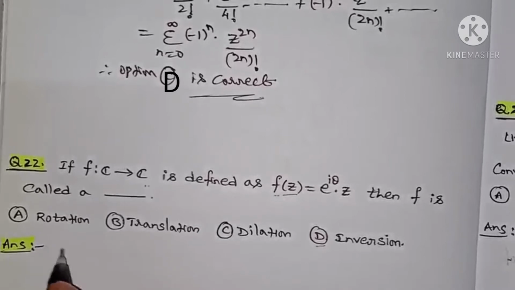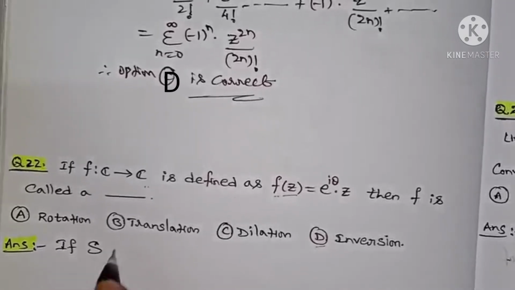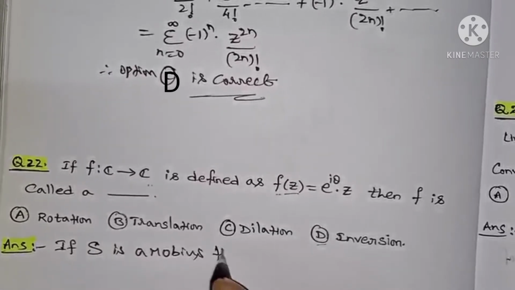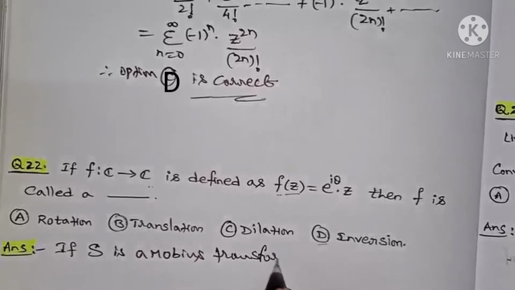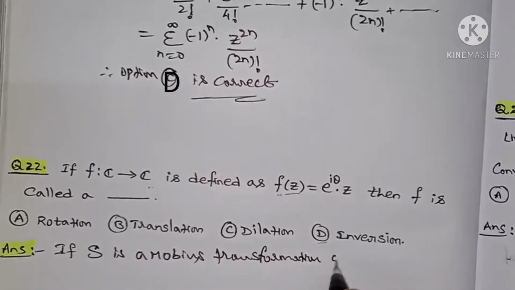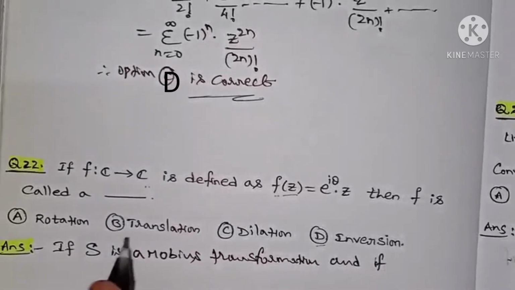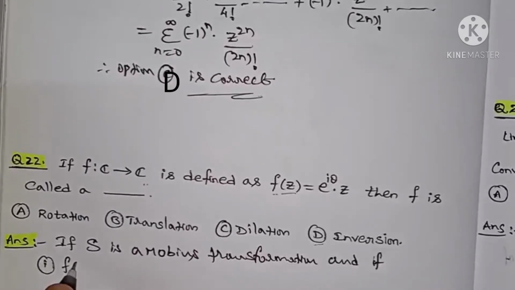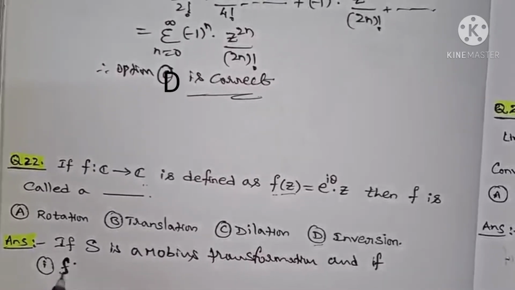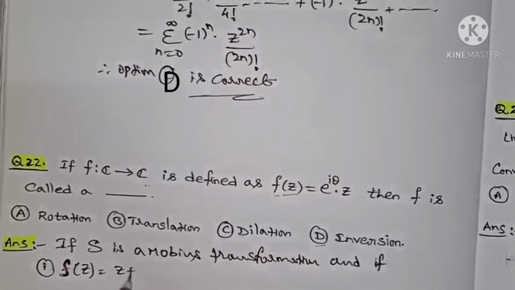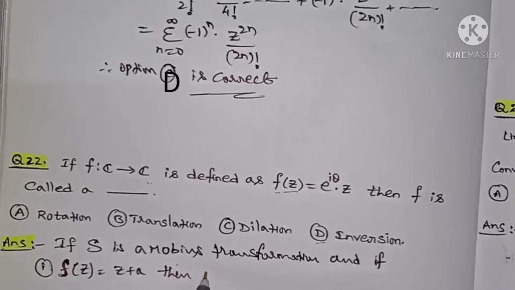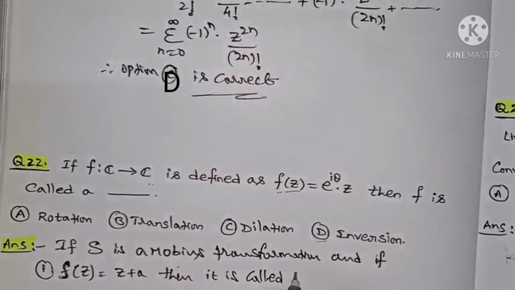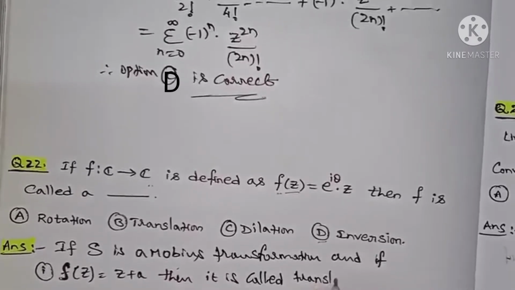And the solution is: if S is a Mobius transformation, and if we define first S of z equal to, say, z plus a, then it is called a translation.